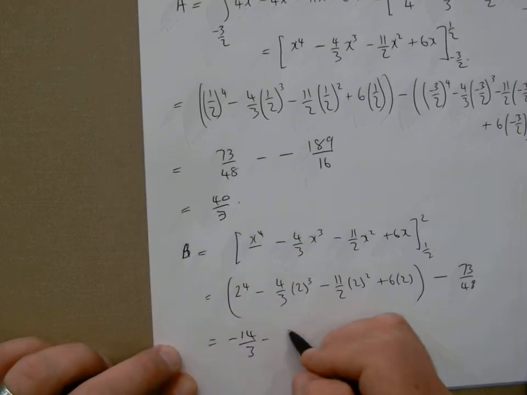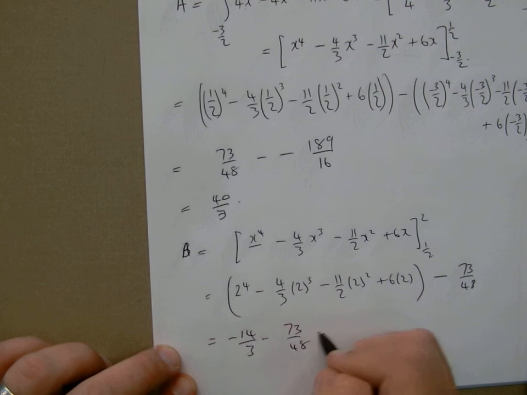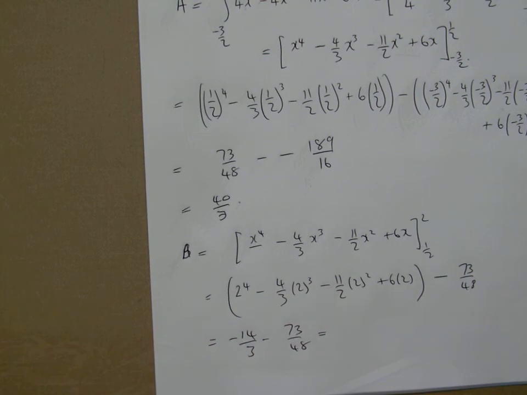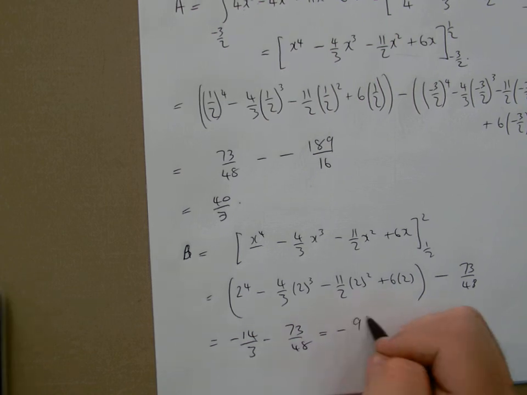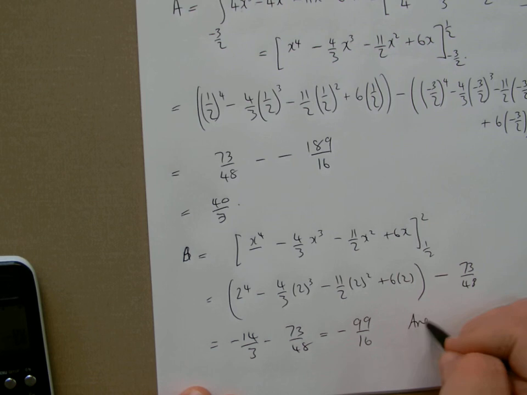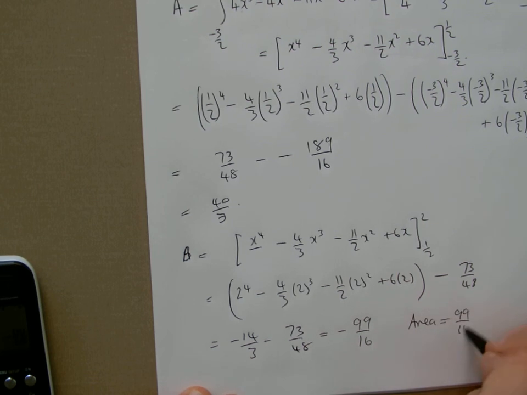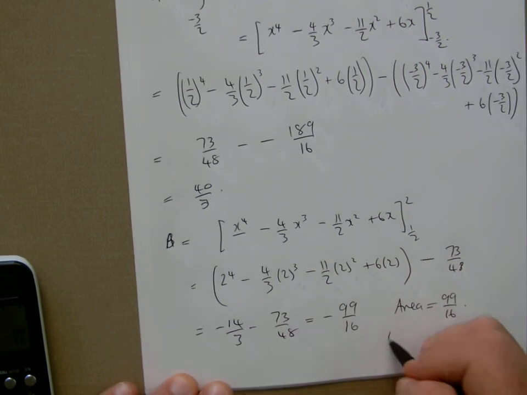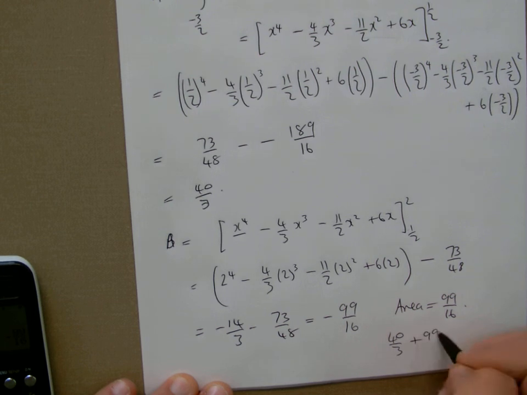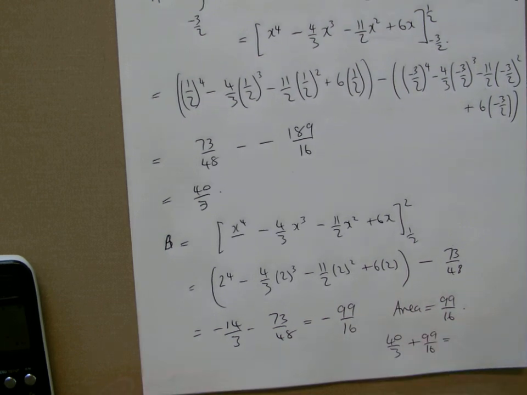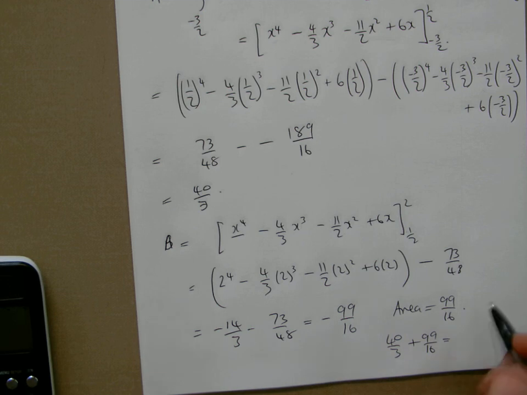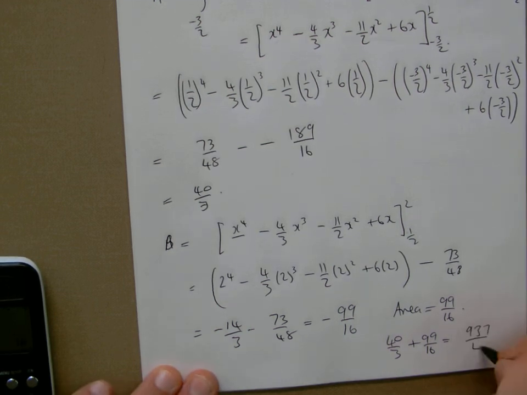Of course, then you've got to minus the 73 over 48. So I do that on my calculator. Comes out to be minus 99 over 16. Now that means then the area is 99 over 16, yes? So you take the positive. And all you've got to do then is add them. Comes out to be 937 over 48.